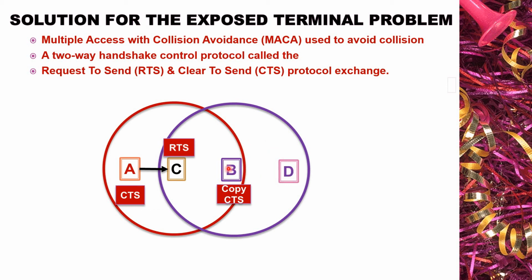Instead of transmitting a packet to C and A, B can transmit to D. So now you can see the exposed terminal problem is eliminated by using this handshaking operation with RTS and CTS. Once A and C have performed handshaking, B can communicate to D.